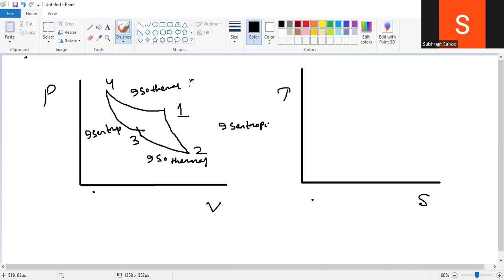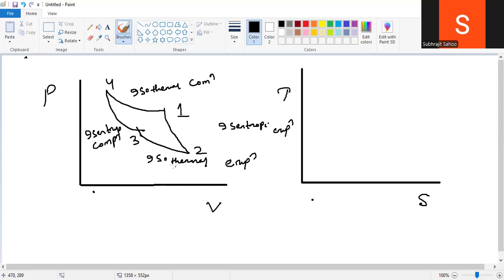Okay, this is called isothermal compression, isentropic expansion, isothermal expansion, right? And this is called isentropic compression. Right? This is the order.